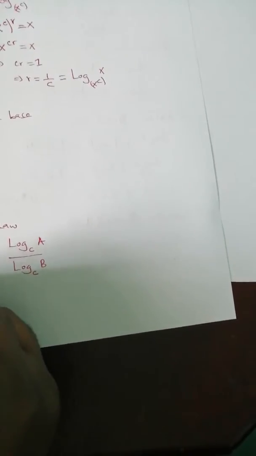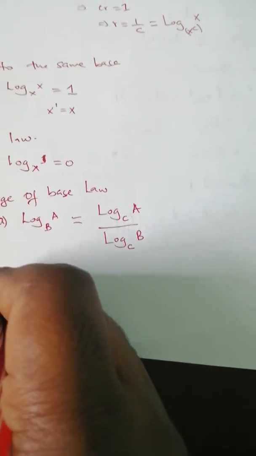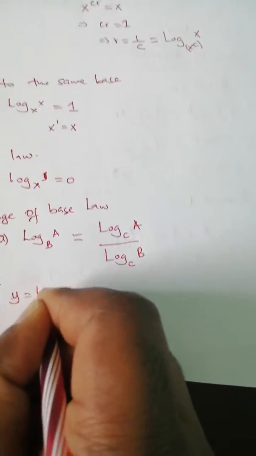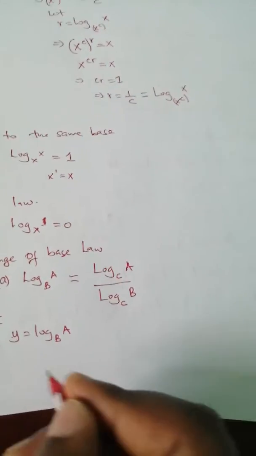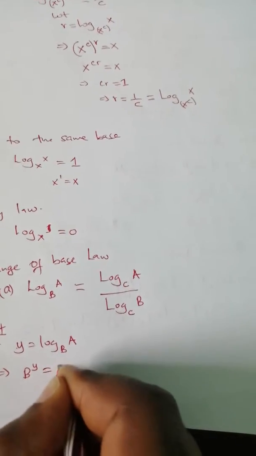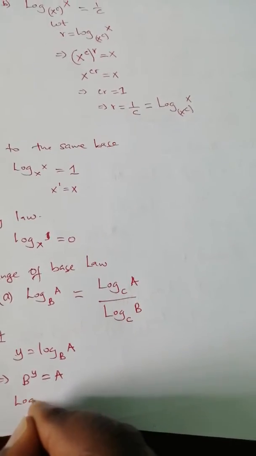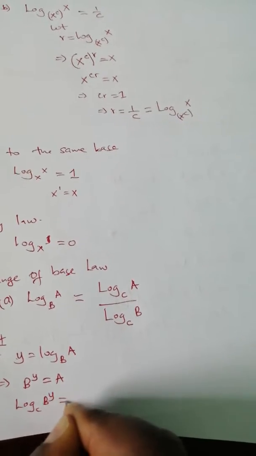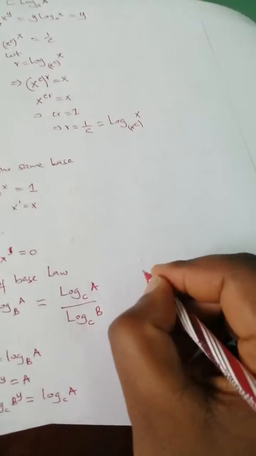So we can prove this. This is how we shall prove it. We shall say let y be equal to log a to base b. So this implies that b raised to power y is equal to a. So we introduce a log to base c. So log of b^y to base c is equal to log a to base c.